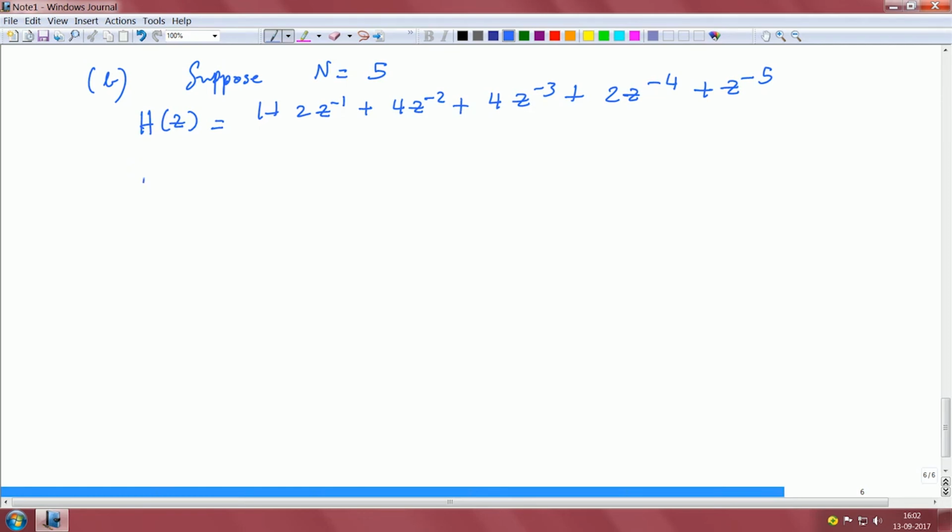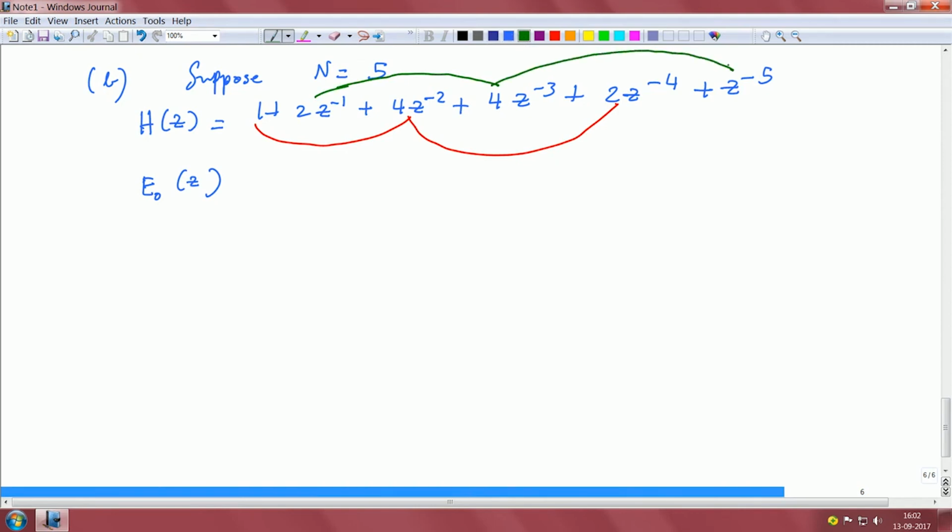Now, when we do the polyphase decomposition, we take this and then this, and for the other case you take this, this, and this.